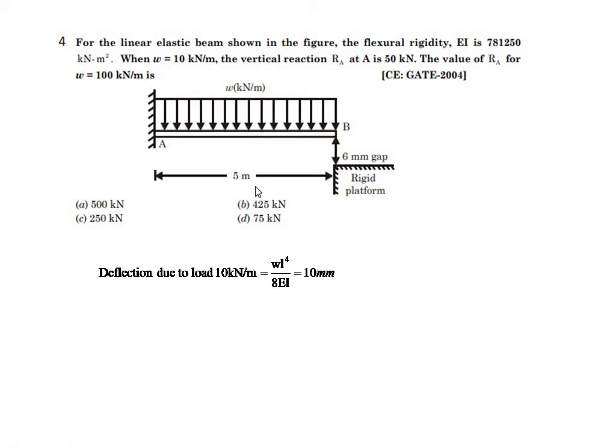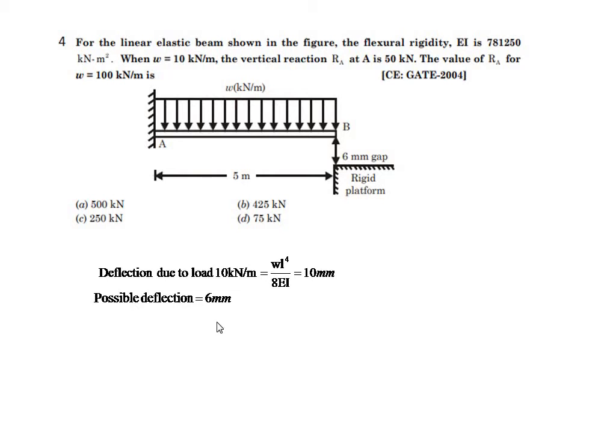As a result, the total deflection is 6 mm. We can find the displacements separately and add them up. That was the principle, and similarly we are doing it here.